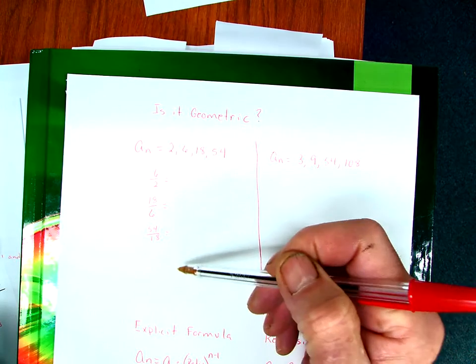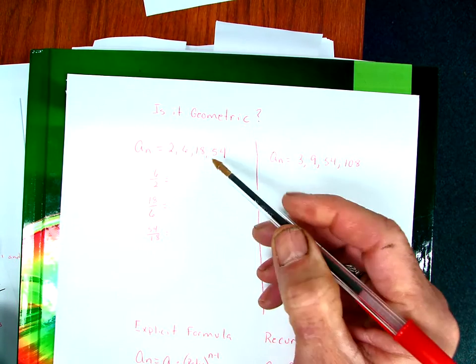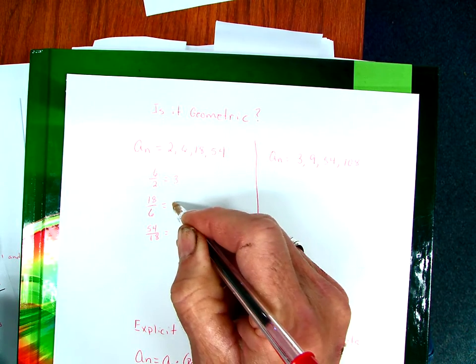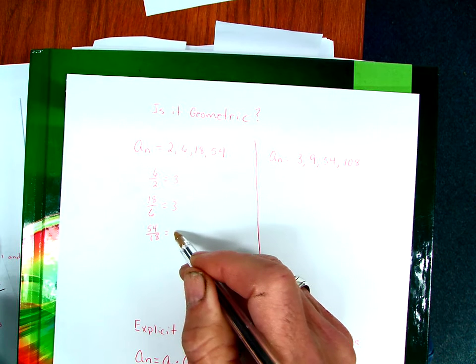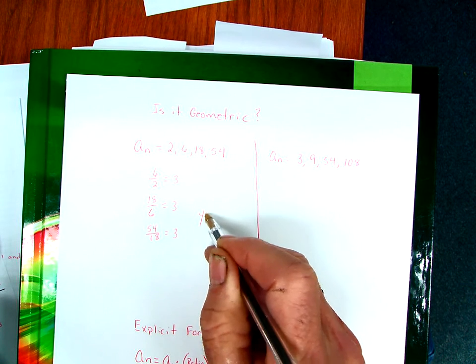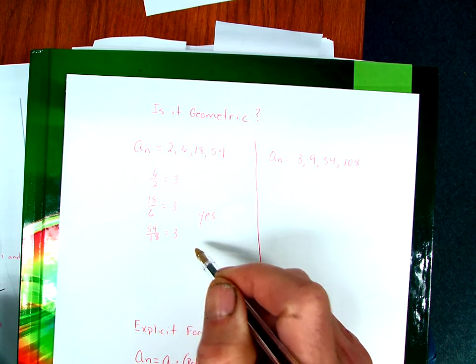Now, if these all equal the same thing, it's geometric. 6 divided by 2 is 3. 18 divided by 6 is 3. 54 divided by 18 is 3. So yes, this is a geometric sequence.